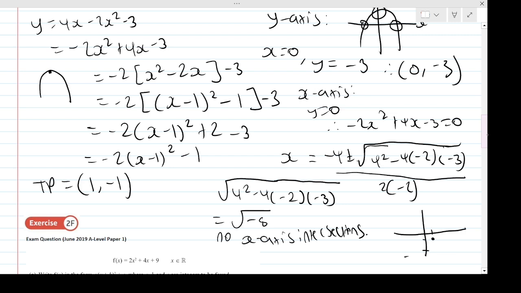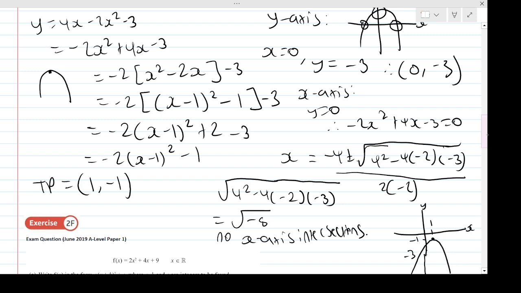If we do the minus 3 over here, it's going to cross the y-axis there, and the turning point is there at 1, minus 1. And because it cannot cross the x-axis, it's going to look a bit like this. There we are. No, hang on.